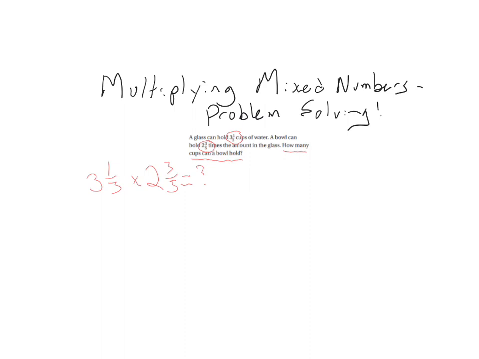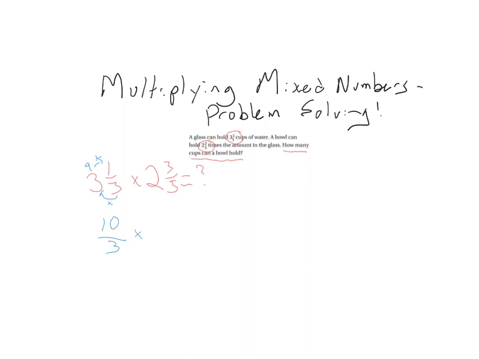So as you guys think back, remember, we need to change each one of our mixed numbers into an improper fraction. Okay, so we can go 3 times 3 to get 9, 9 plus 1 to get 10. Put that over our existing denominator, 10/3. Okay, so 3 1/3 and 10/3 equal the same thing.